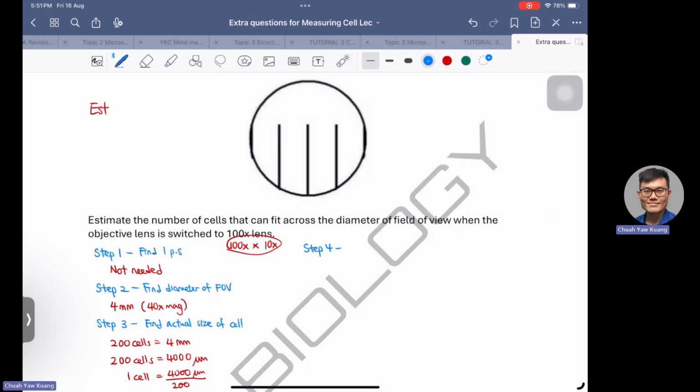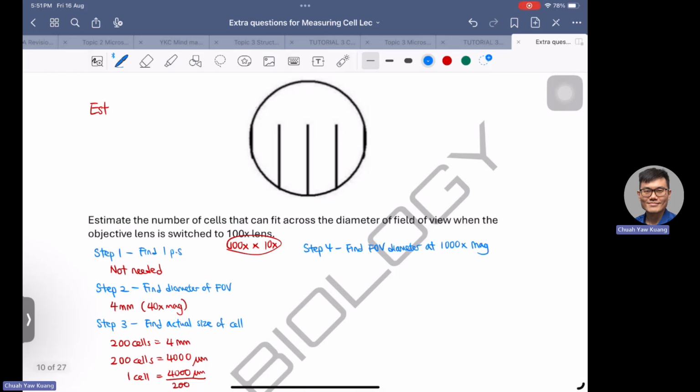So now we need to find the FOV diameter at 1000 times magnification first. This is what the question wants, the second part of the question. We need to find the diameter of this FOV at 1000 times magnification.